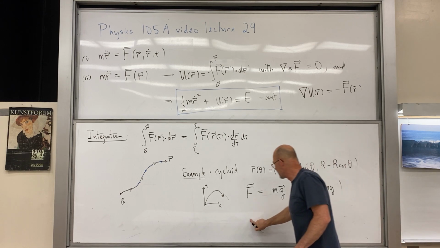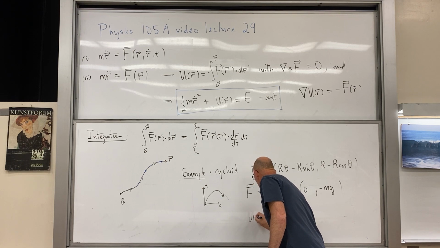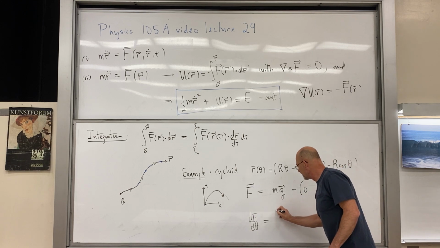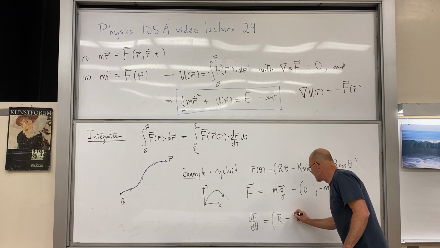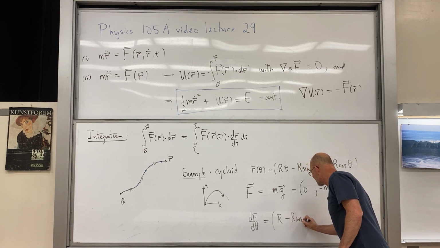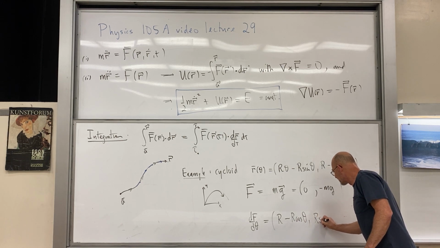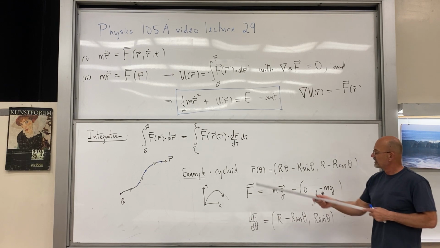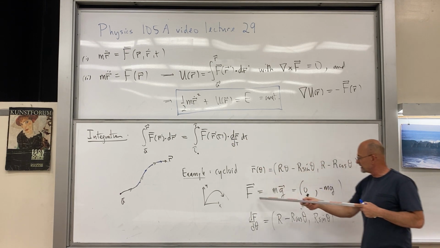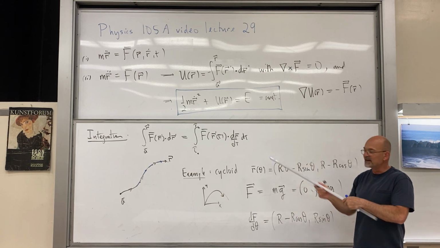So what are we looking for here? dr d theta is going to be R minus R cos theta, and then R sine theta. So there's my vector, there's my F of R of tau, just that constant vector here, and there's the dr d theta, and I'll integrate it up with a d theta.